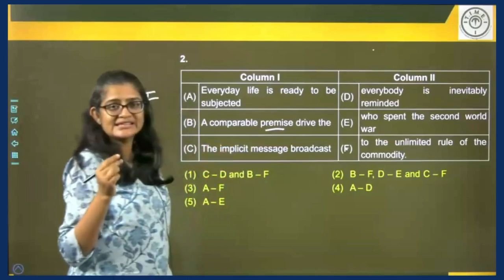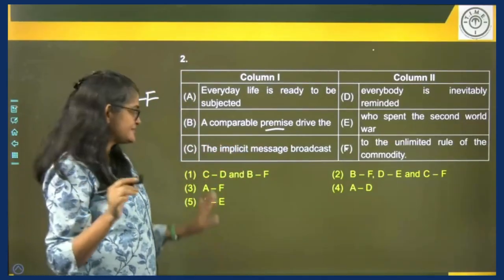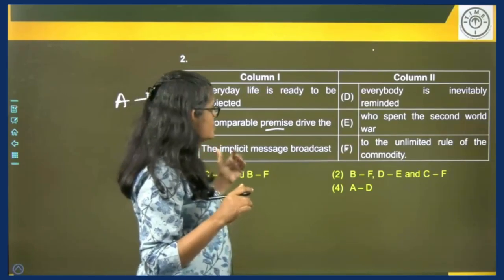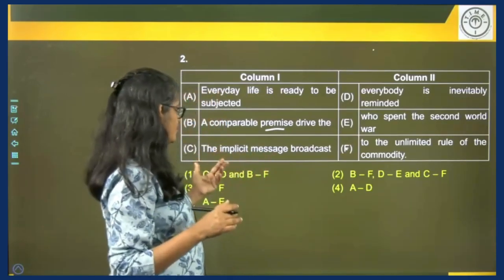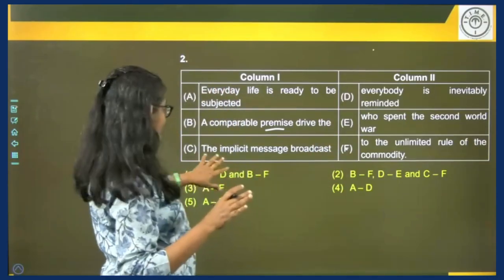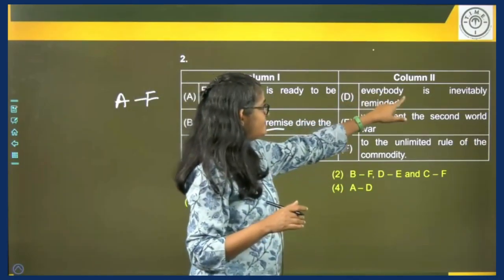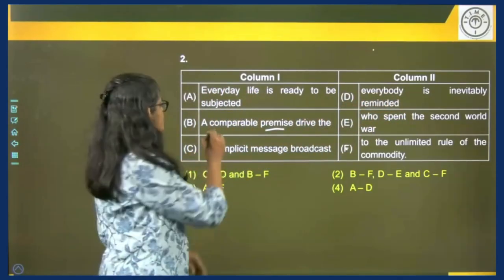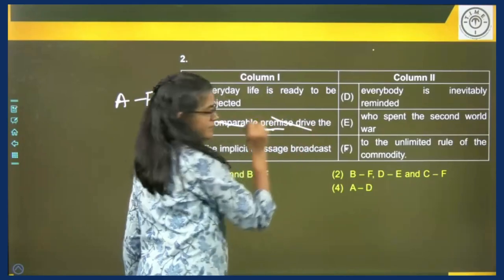Premise is singular, so it should be drives the. And drives the, who spent the Second World War? No. Drives the, to the unlimited rule of the, oh no, F is gone. So, to the everybody is inevitably reminded. No, this does not make sense. So, B does not have a partner.